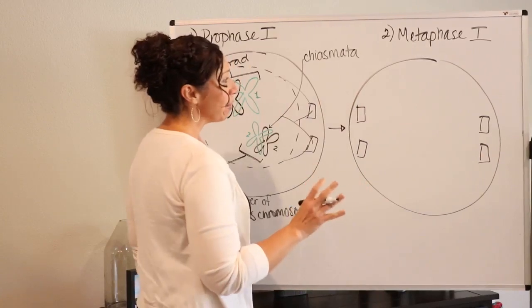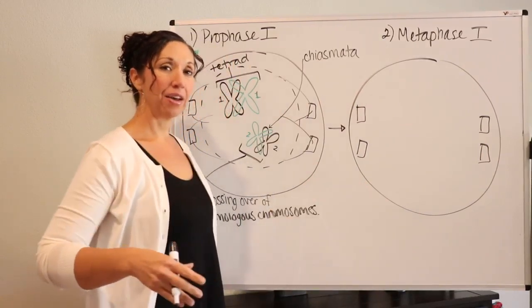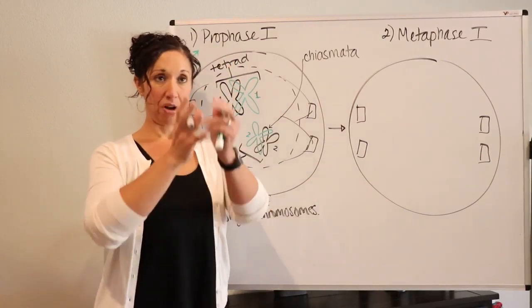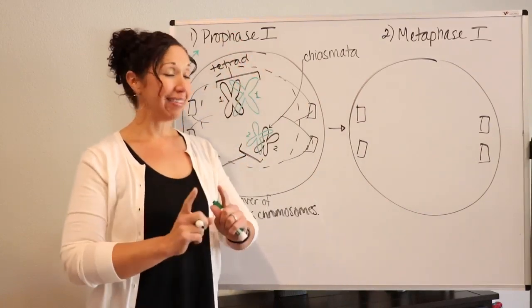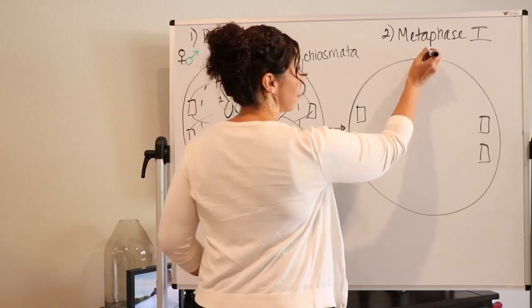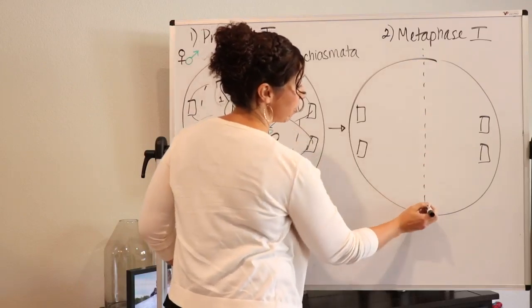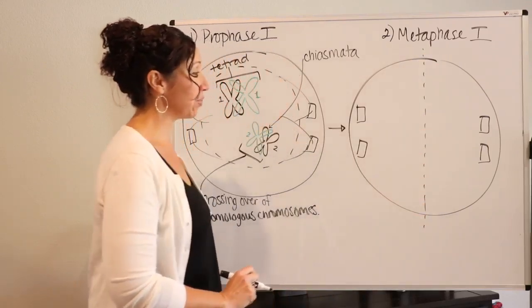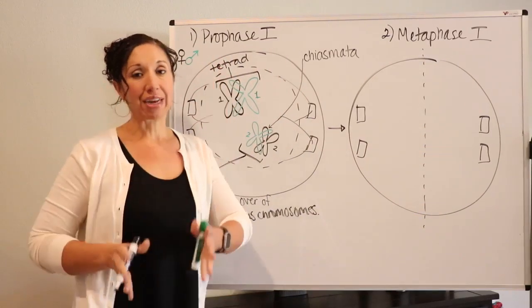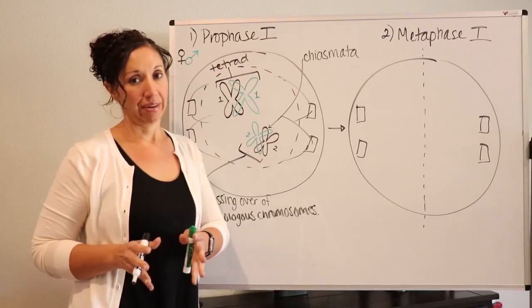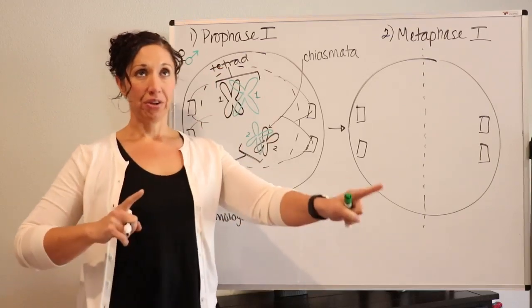And if you remember back in mitosis, the chromosomes, which were all 46, were lining up along their centromere, along the middle. In this case, it's a little bit different in meiosis. We still have a metaphase plate like we did in mitosis, but in this case, the tetrads are going to line up along the metaphase plate. So compare this to mitosis.